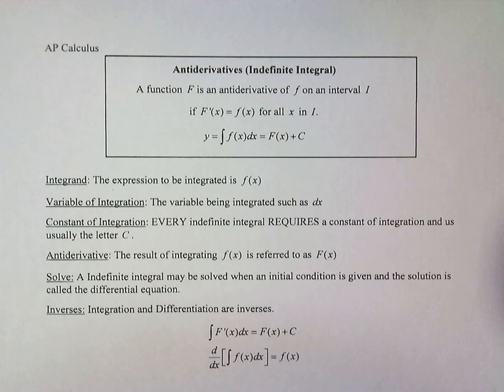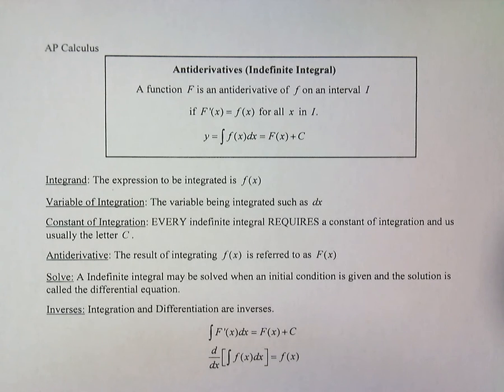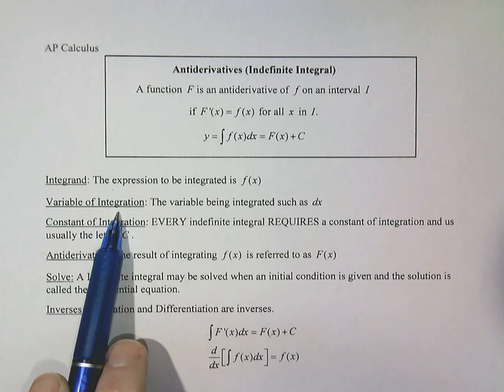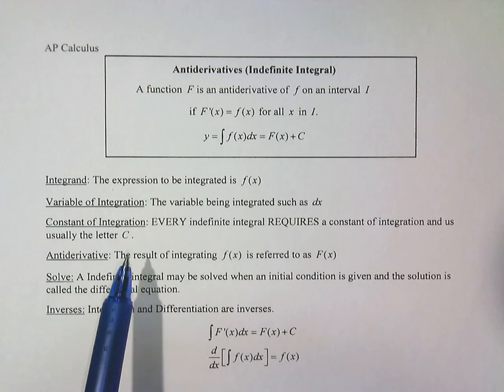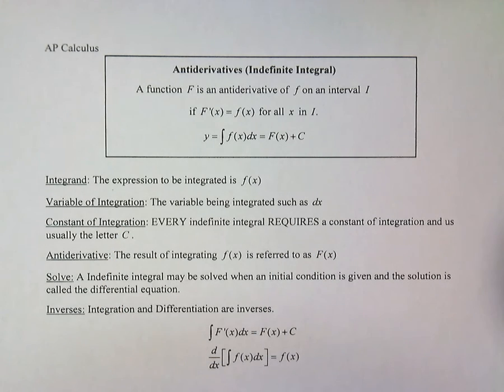And some of the vocabulary that comes along with this that I'll use, and you need to be familiar with: the integrand is just the expression that you want to integrate. The variable of integration, in the examples I'm going to do, is x, so we're doing a dx. You can use theta, r, s, or t; any variable can be used.